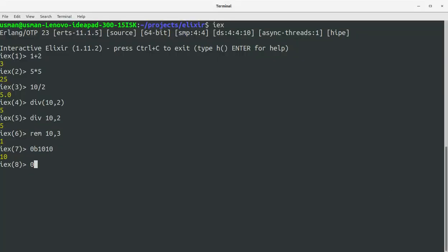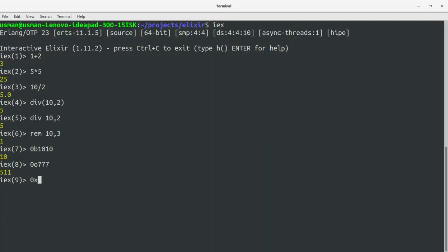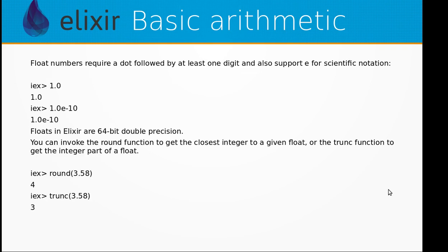Then we have 0o777, we got 511, and then 0x1F, we got 31. So we can use binary, octal and hexadecimal numbers as well with shortcut notations.